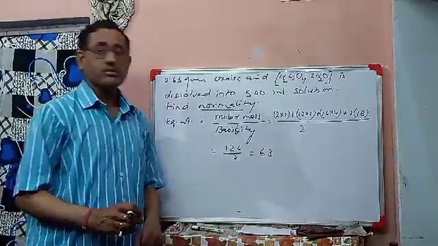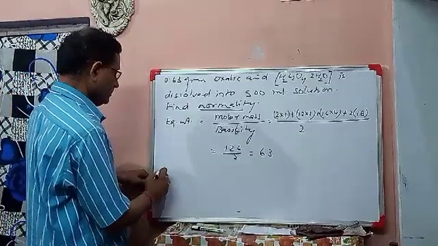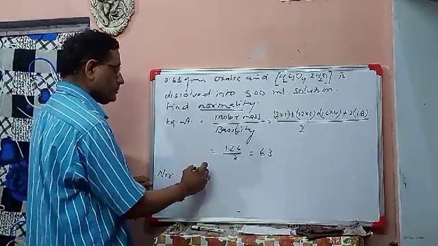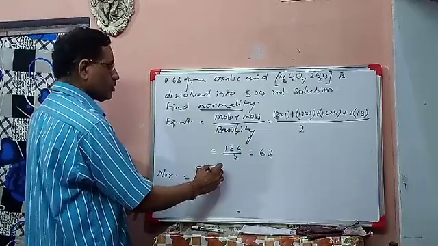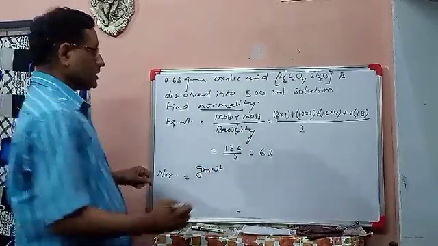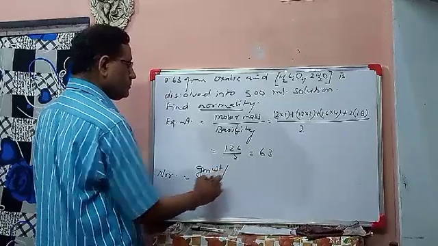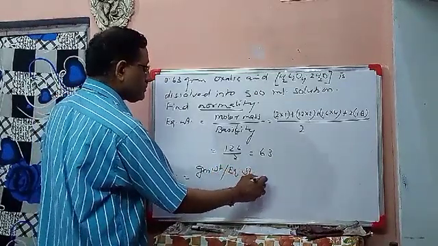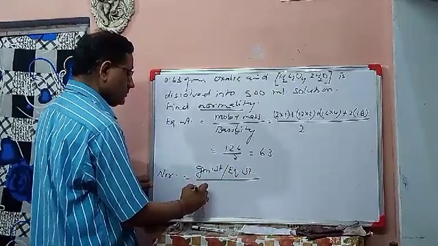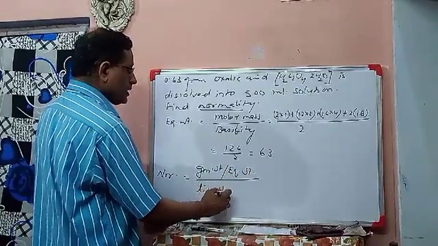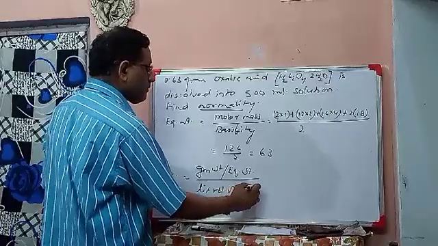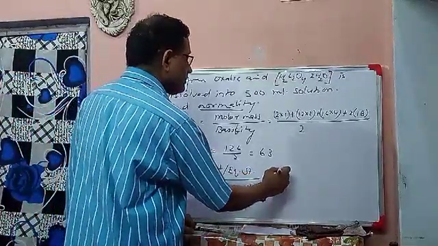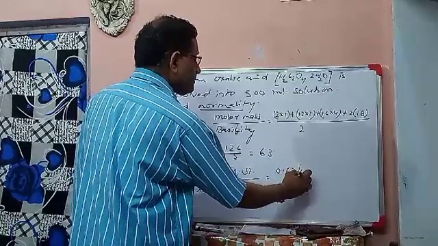Now you find out normality. What is the formula? You have studied in the last lecture: gram weight upon equivalent weight upon volume of solution in liters. What is the gram weight? 0.63.